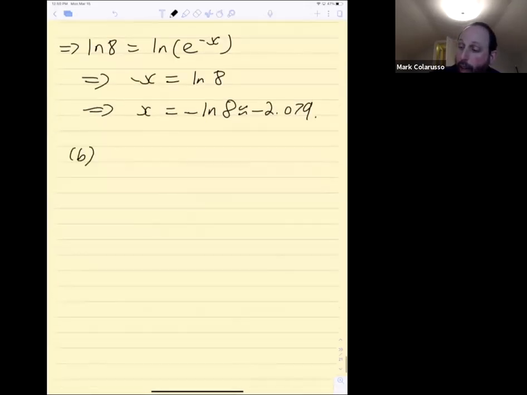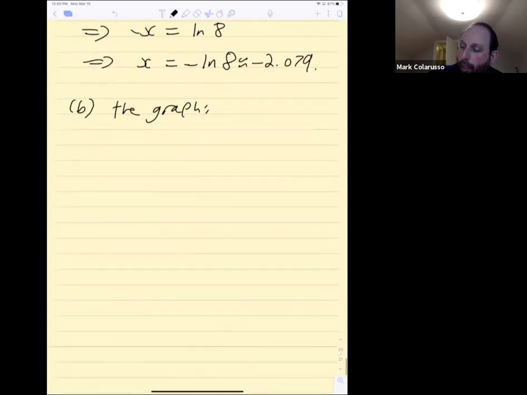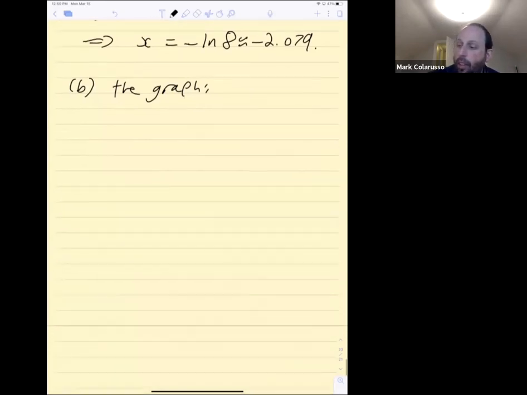So part B, the graph. I should just use this to illustrate what the graph of e to the x looks like versus the graph of e to the minus x. So the graph of y equals e to the x has the following form.